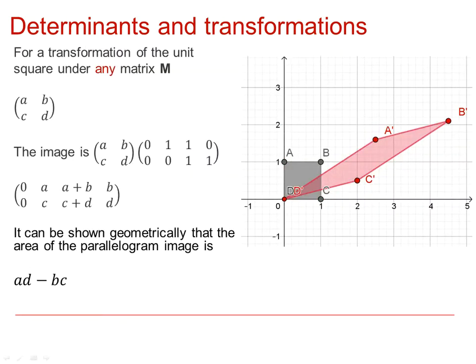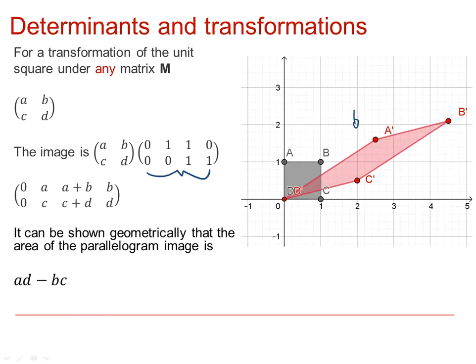That's something we can confirm quite easily by looking at a general matrix a, b, c, d. As shown in the diagram, the new figure A dash B dash C dash D dash is produced by the matrix a, b, c, d multiplied by the original object.